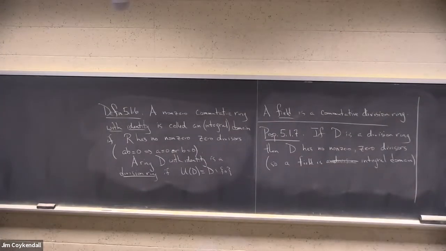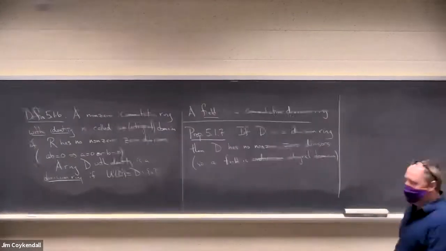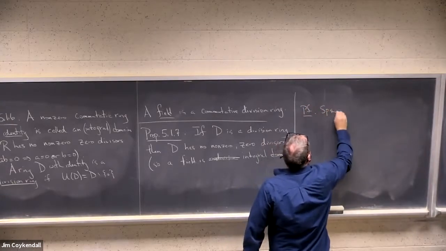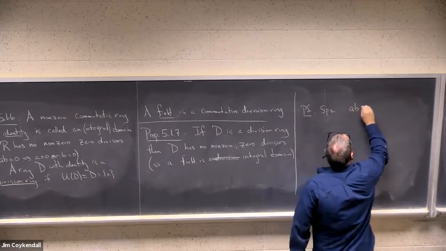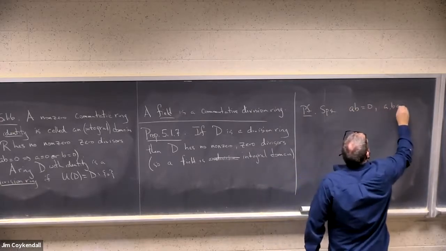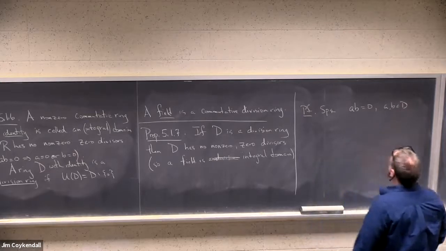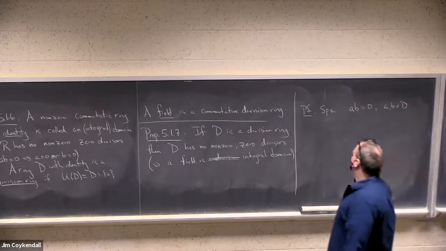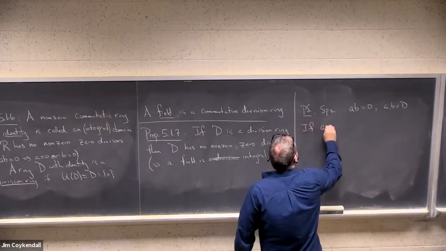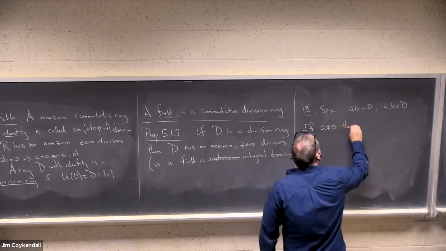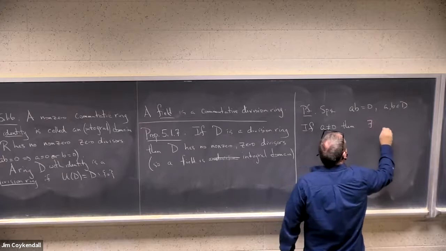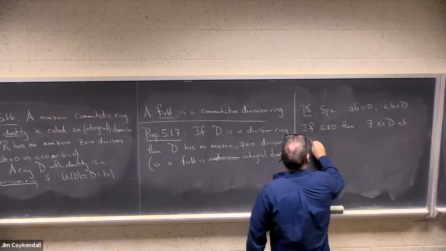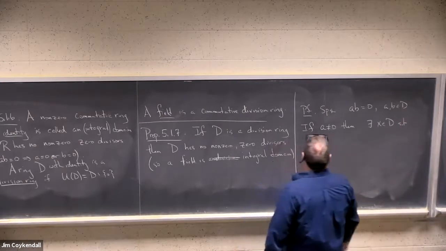So if you have a division ring, there aren't going to be any non-zero zero divisors. If a is not 0, then there is an x and b such that x times a equals 1.